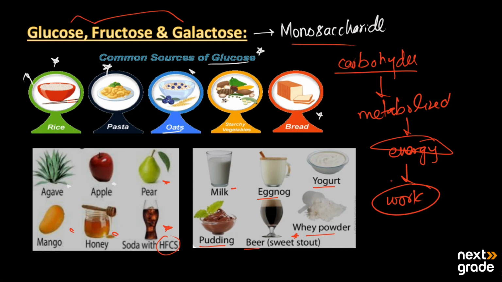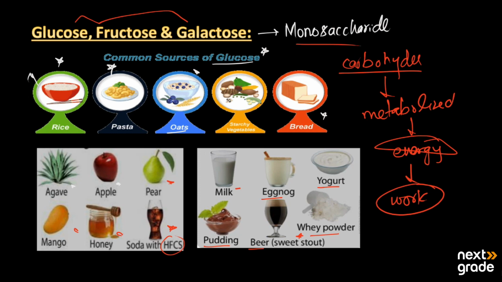Glucose, fructose and galactose may come from fruits, vegetables, honey and cereals. So all these are the main sources of glucose, fructose, and galactose on the whole.